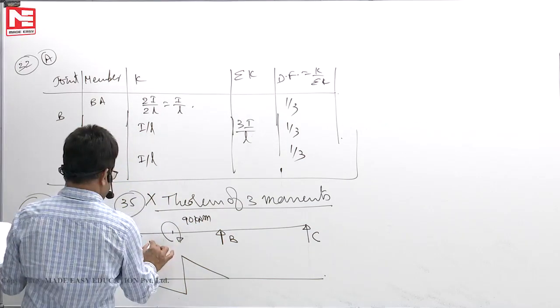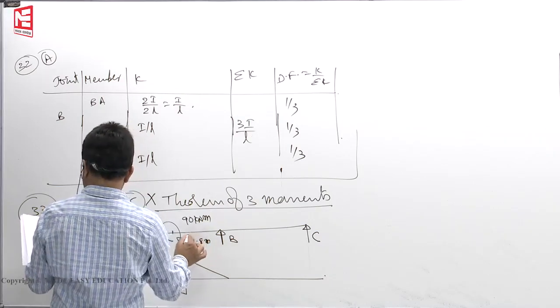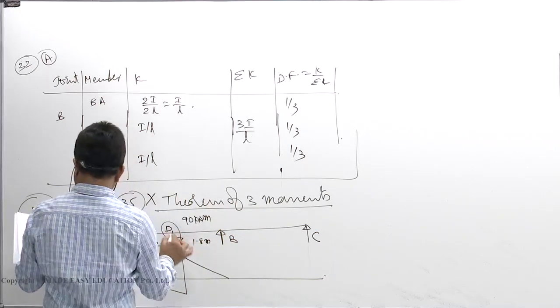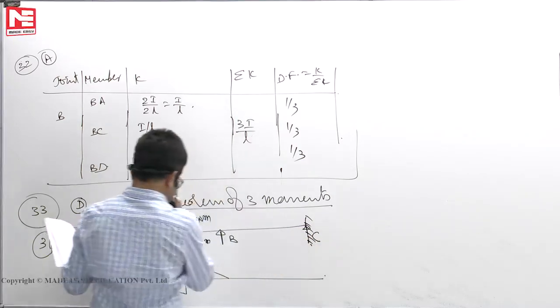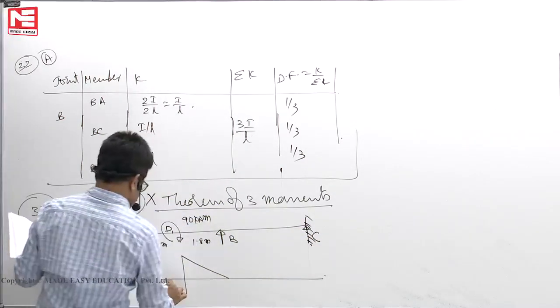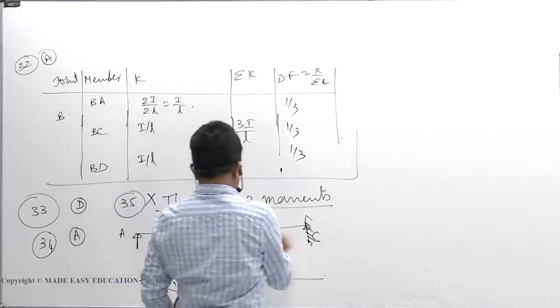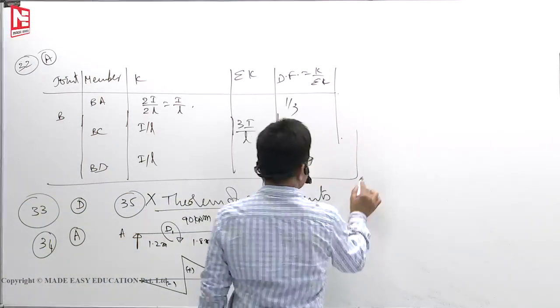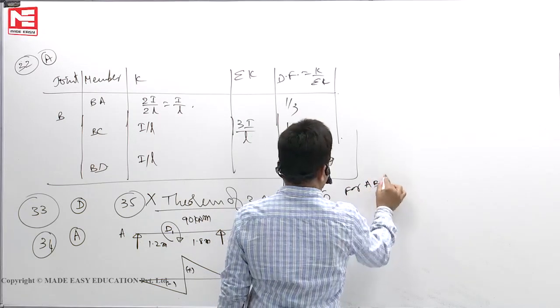This is 1.2 meters, 1.8 meters. A, B, C, D you take it. Here it is fixed one. Okay. So no loading is there. Negative, positive.